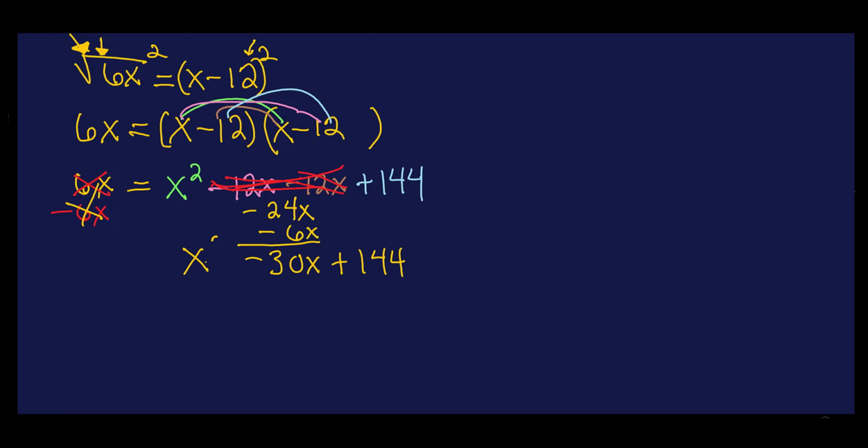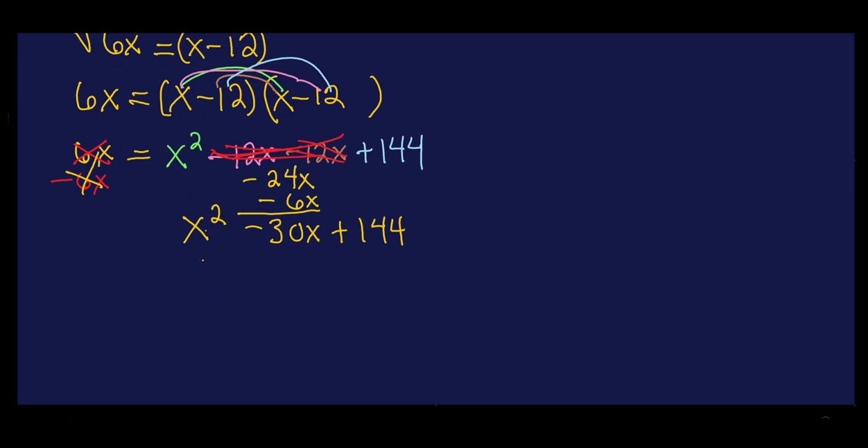So then that's going to make the equation x squared minus 30x plus 144. Now this is a factorable equation. We're just going to factor this out. x squared is going to be x times x. Now we look at this 144 and ask what times what will give us 144.